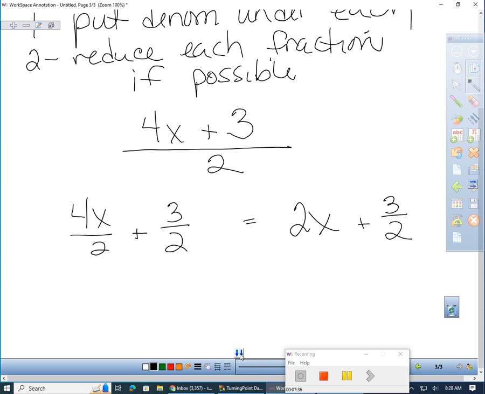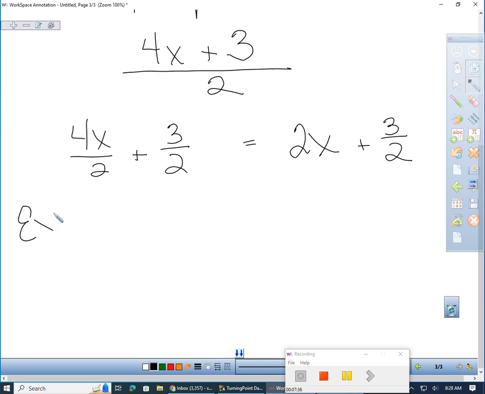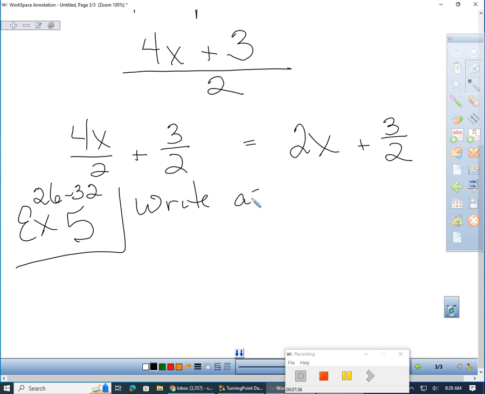All right, so example number 5. Example 5. This is what you are doing for 26 through 32. Write as a sum or difference.